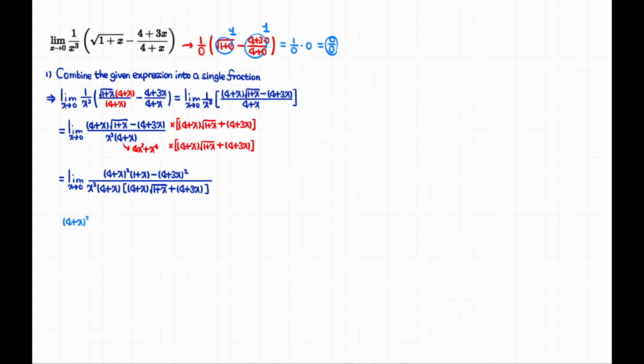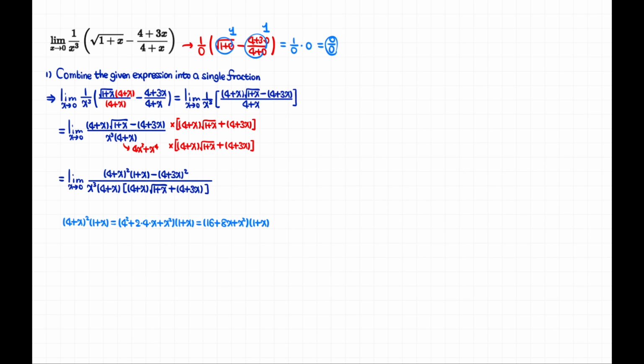So 4 plus x squared equals 4 squared plus 2 times 4 times x plus x squared, which is 16 plus 8x plus x squared, and then times 1 plus x like this.